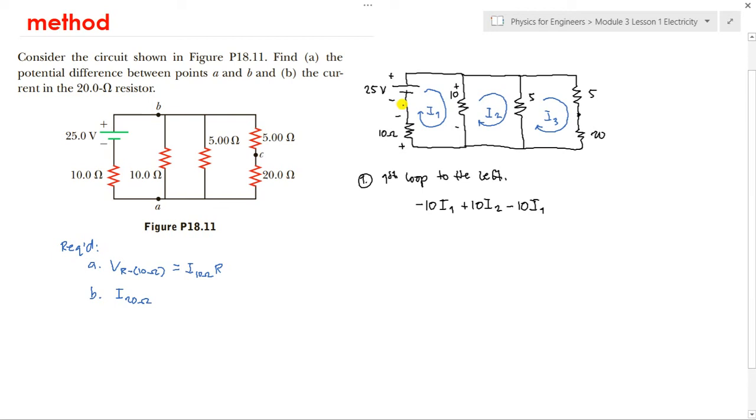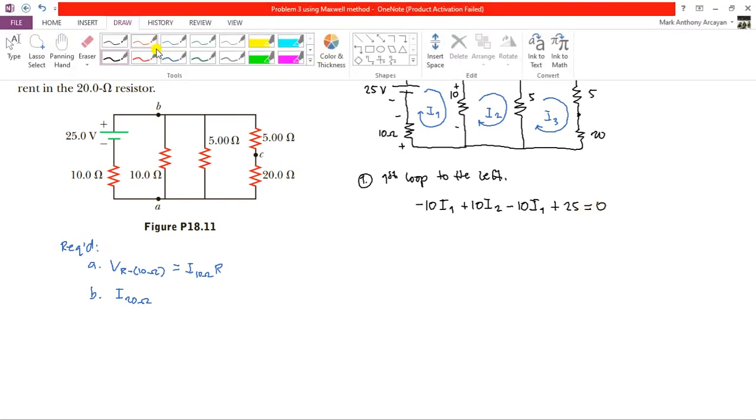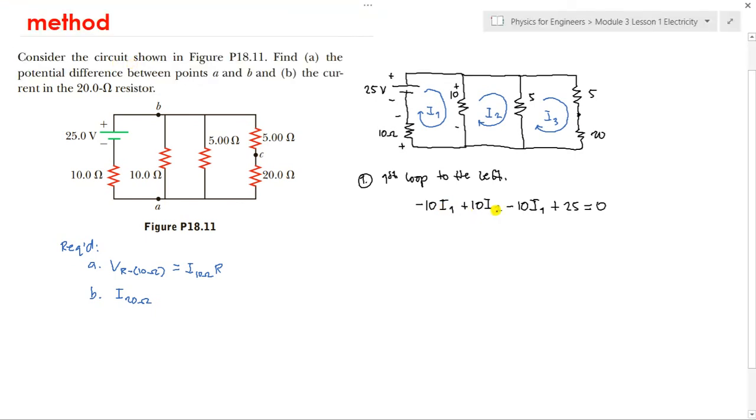Then back to the battery, in the battery we have a voltage increase, so it will be plus 25 equals 0. Simplifying, for I1 we have negative 10 plus negative 10, so negative 20 I1. For I2 we have plus 10 I2, and for I3 we don't have any, that will be plus 0 I3. Then I'm going to transpose the constant to the right side, that would be negative 25. So this would serve as my first equation.